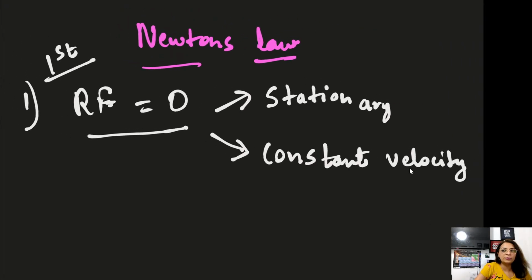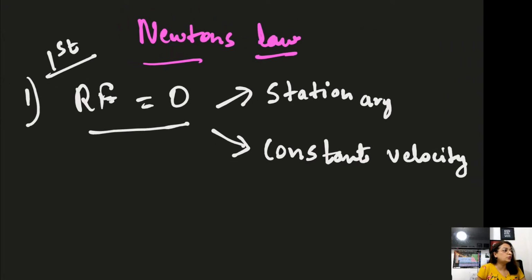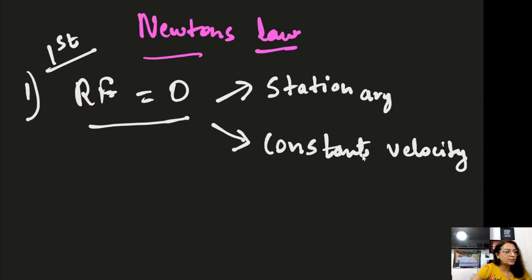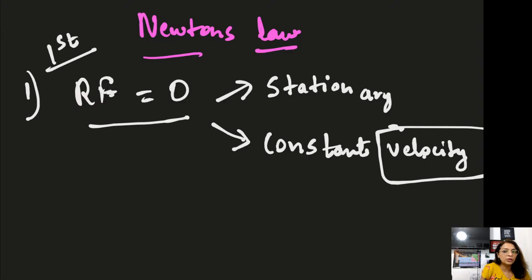There is a difference between velocity and speed. Tell me the difference in the chat. Velocity is a vector. So the resultant force is equal to 0 if the object is stationary or moving at a constant velocity.